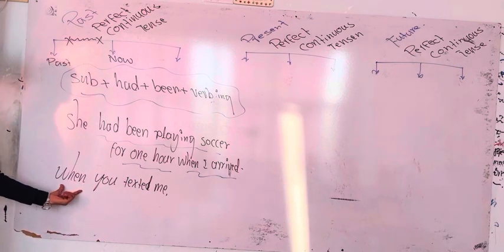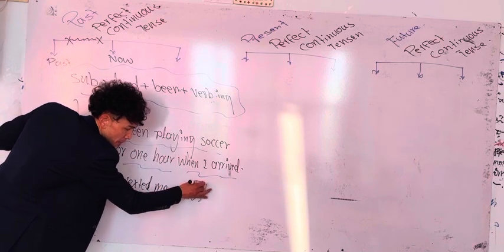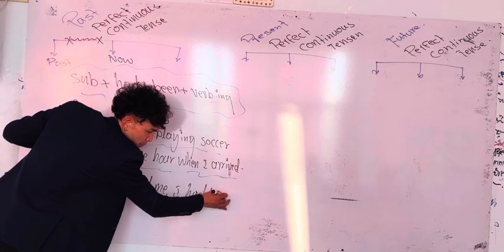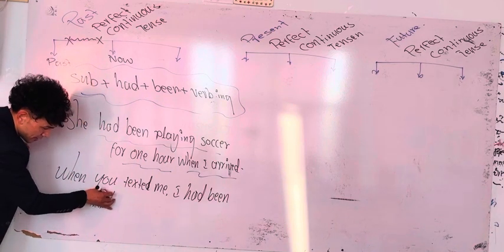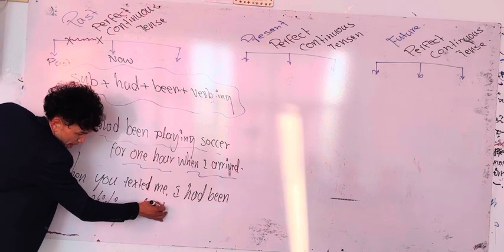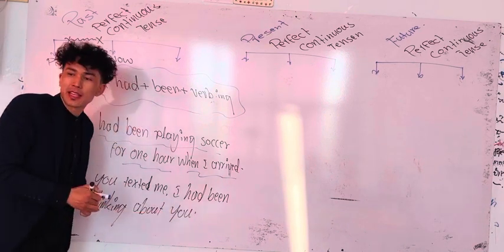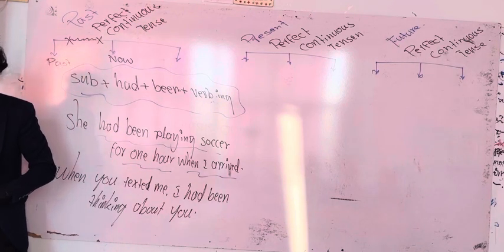Because of the conjunction when. Actually, when you texted me, I had been thinking about you. When you texted me, I had been thinking about you. Did you understand? Very well.